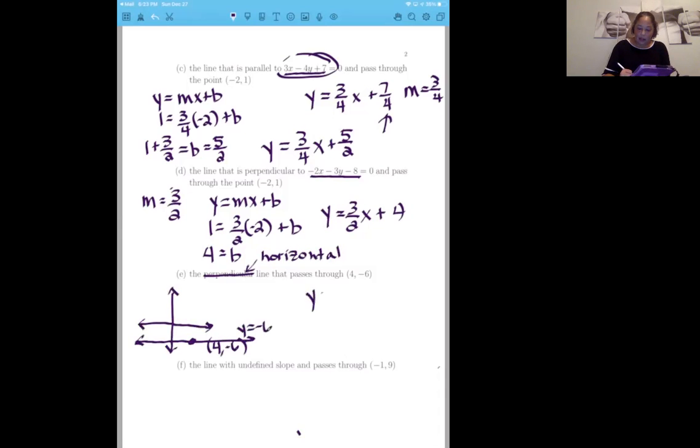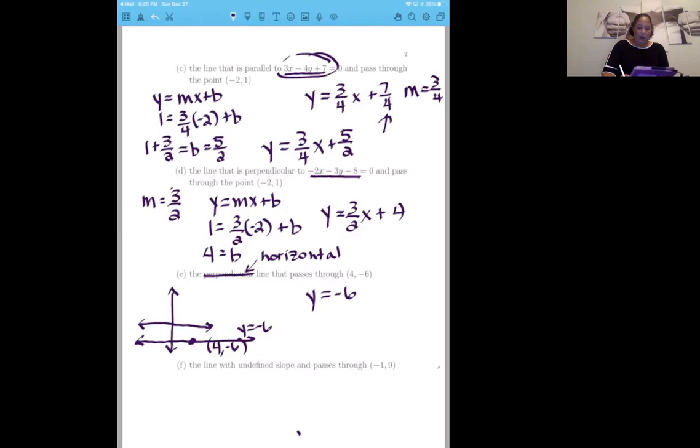Right, so that's my line. So remember, if I have horizontal lines or vertical lines, then they are not in the form y equals mx plus b. It will look like x equals or y equals. y equals are horizontal lines, x equals are vertical lines.